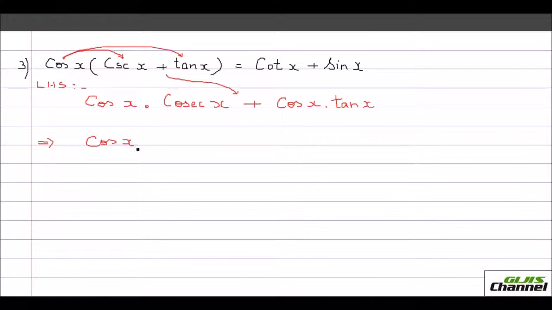So it is cos x here, and the cosecant x, we know it is the reciprocal of sin x. So that would be 1 by sin x plus this plus sign again. Here again I would write the cos x times the tan, which is sin by cos, right?